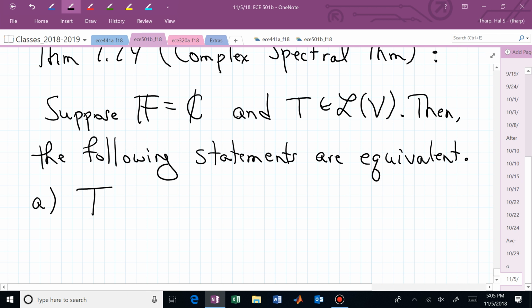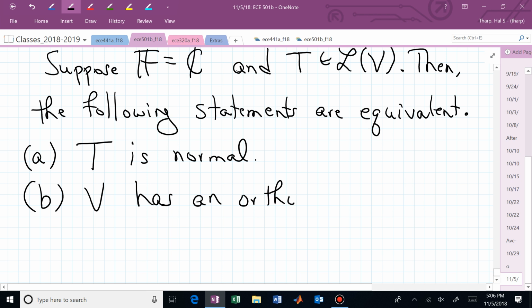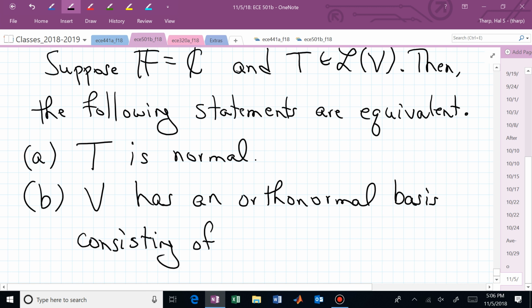A, if you give me, or if you can determine that T is normal, then we can say the other things automatically. T being normal is equivalent to saying that V, the vector space, has an orthonormal basis consisting of eigenvectors of the normal operator.